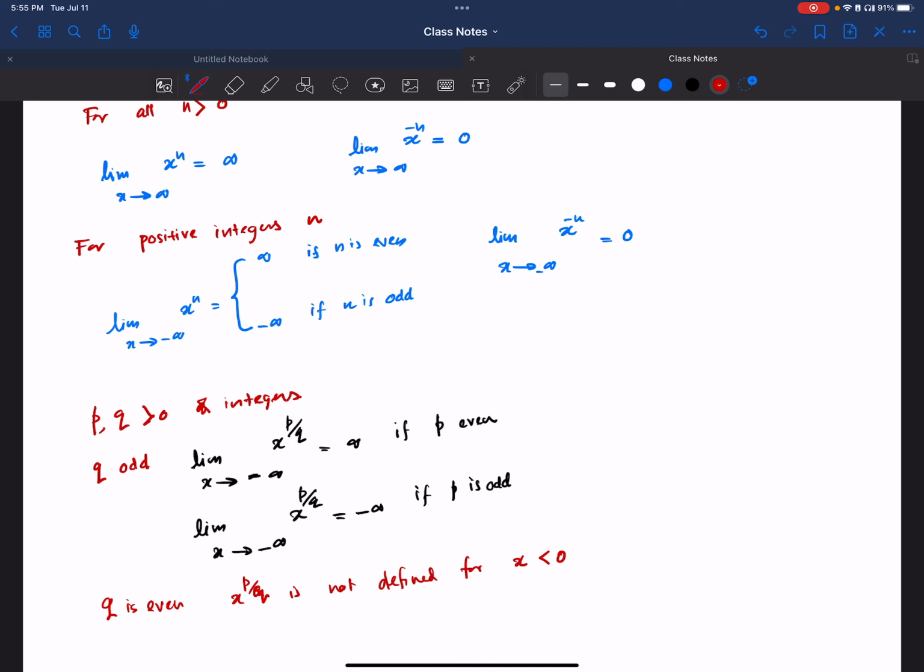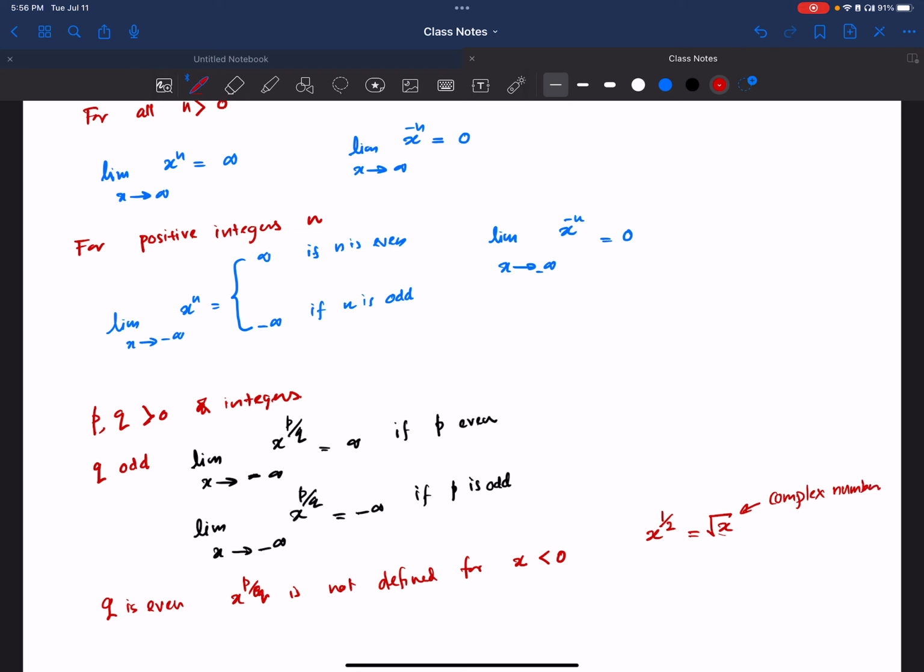Why? Let's see, you have q even, let's take something like 1/2. 2 is an even number, and 1/2 is actually the square root of x. Now x cannot assume negative values. As soon as it becomes negative, this becomes a complex number.